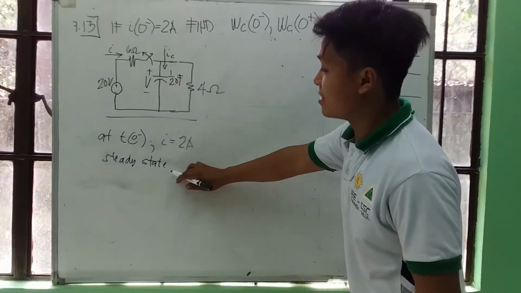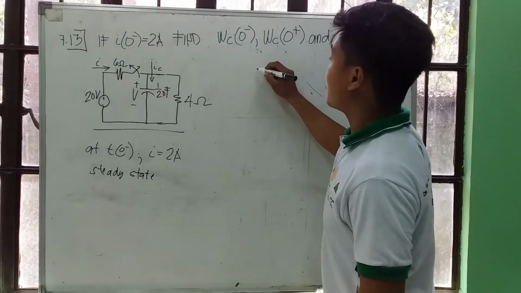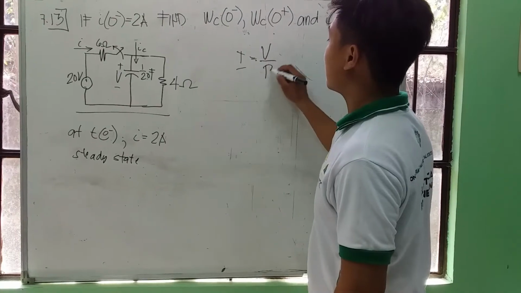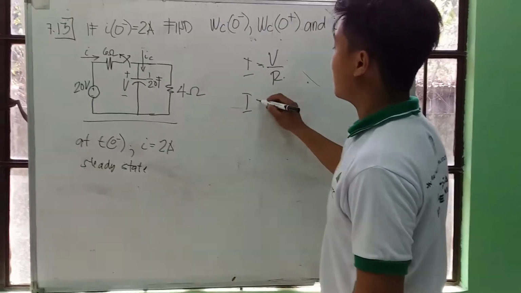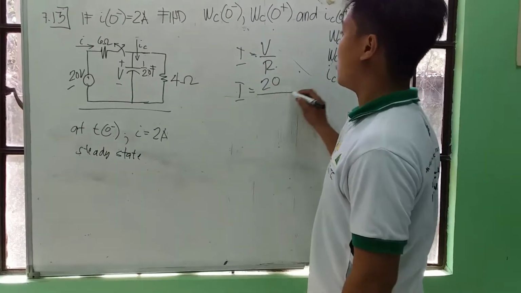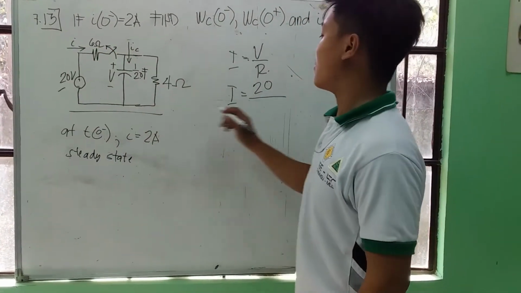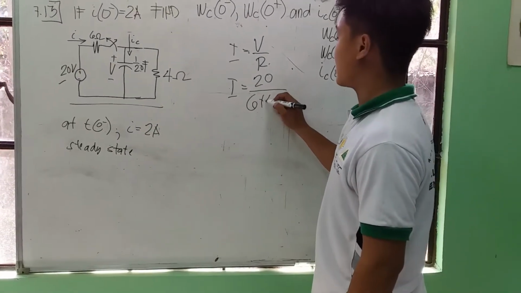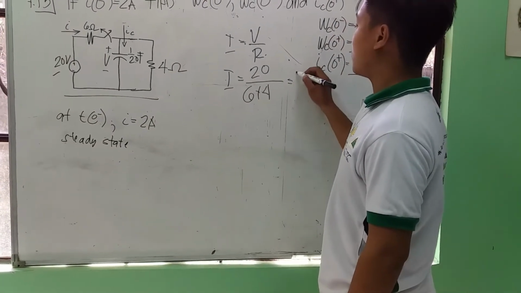It is at steady state because of the formula for current, I equals V over R, which is our voltage source of 20 volts over the series combination of 6 and 4. We add the 6 and 4 to get the total resistance, which equals 2 amperes.